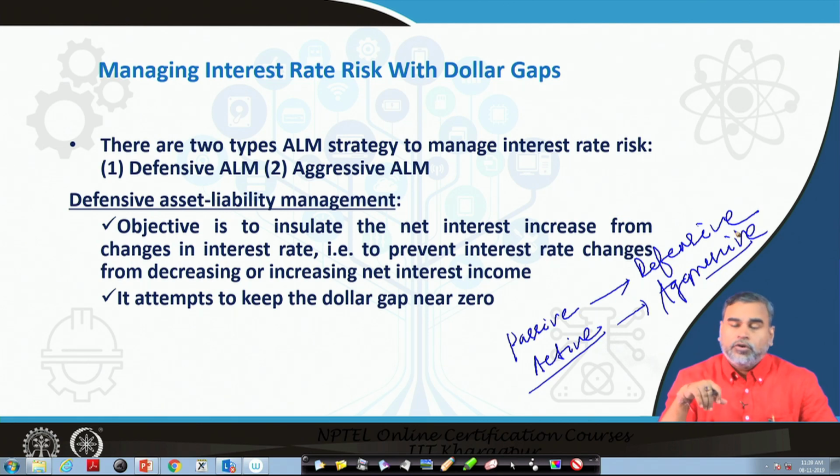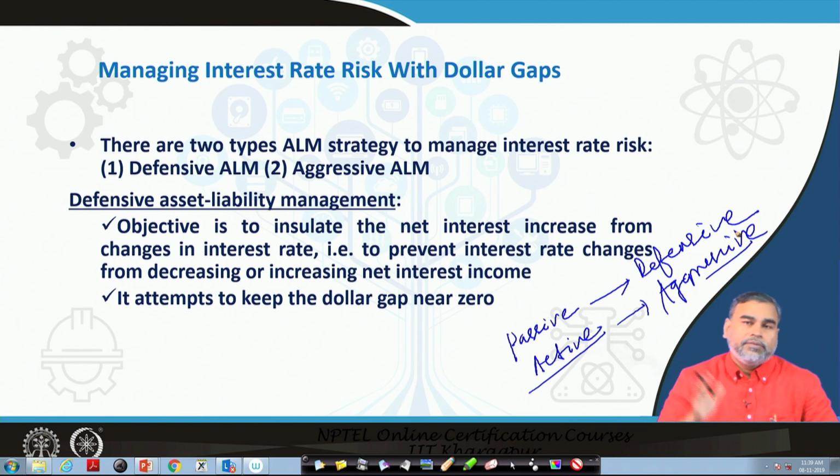Whenever we talk about the defensive strategy, what is the basic objective? If any bank is following a defensive strategy to manage the interest rate risk using the dollar gap, what do they try to do? The assets and liabilities have to be changed.